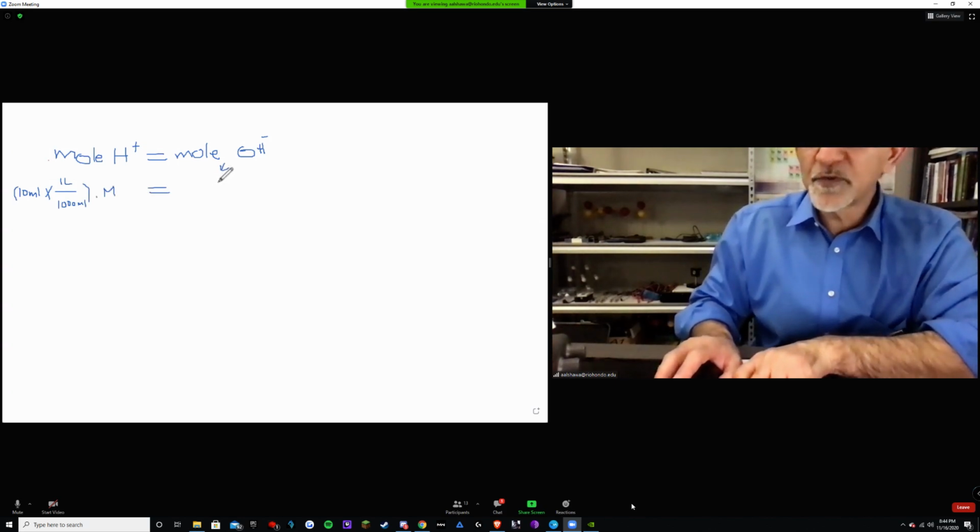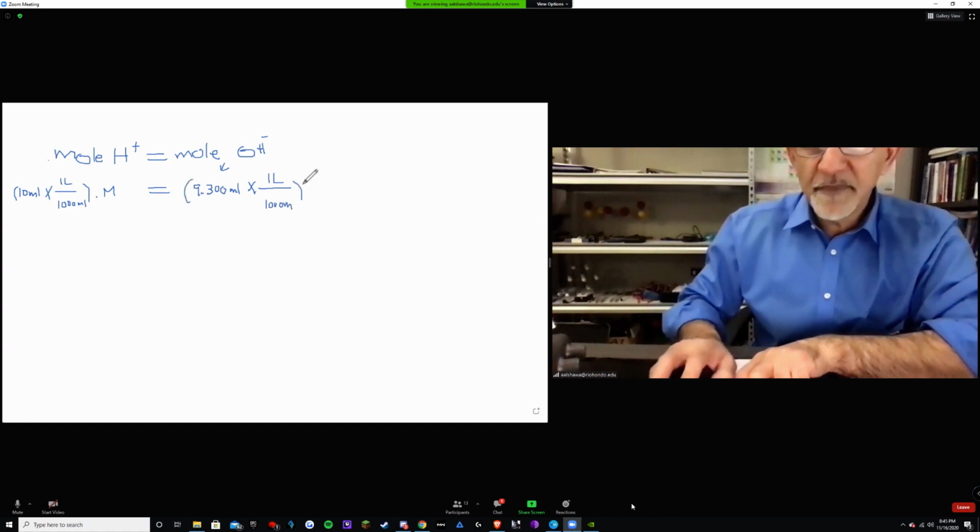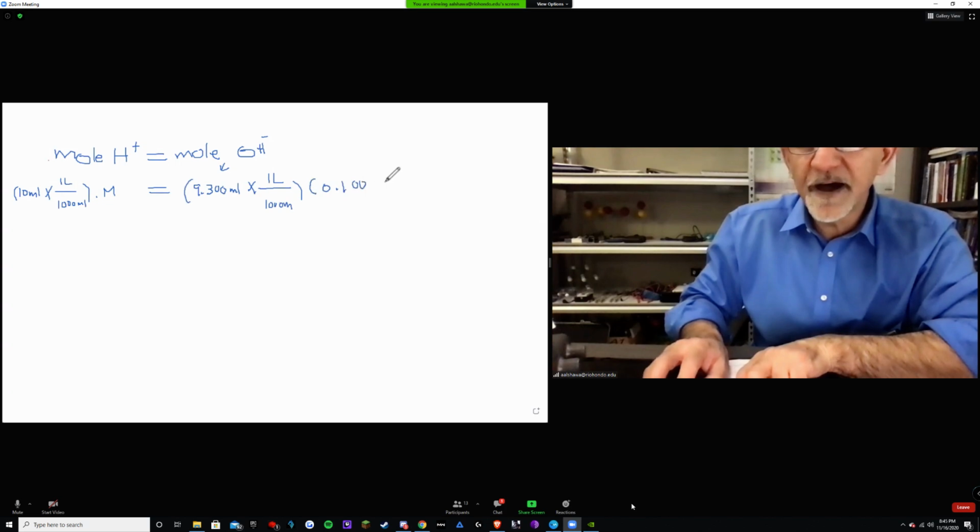We used 9.3 at the equivalence point. So the volume of sodium hydroxide, 9.300, look at the accuracy, milliliters, converted to liters, a liter has 1,000 milliliters. Then multiply that volume by the molarity on the bottle, which says 0.1005 molar.